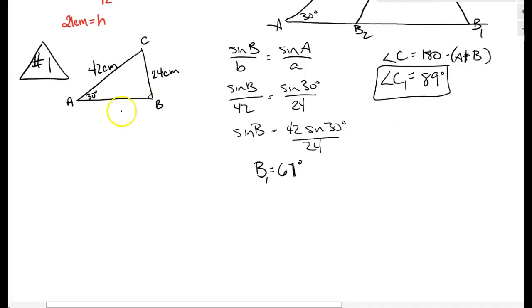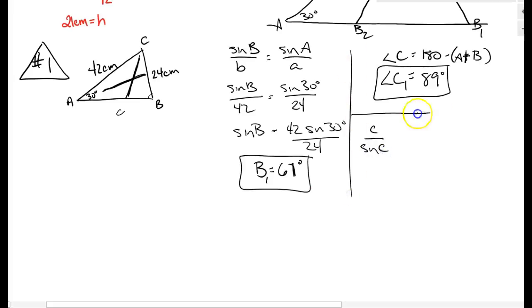Now the last thing I need to find is my side C. Again, I'm going to just use my sine law, and I'm going to use my C's and the A's because they were given. I've got side C over sine C equals side A over sine A, and plug and chug.